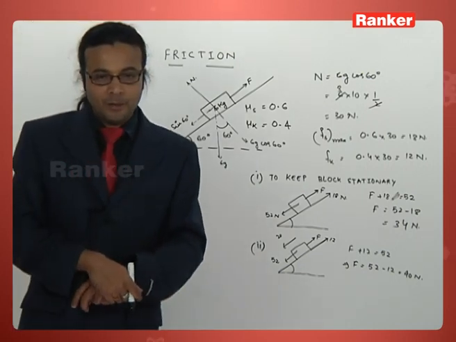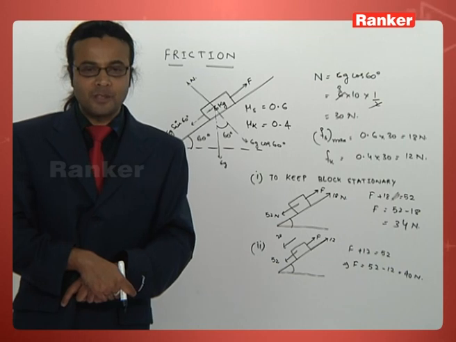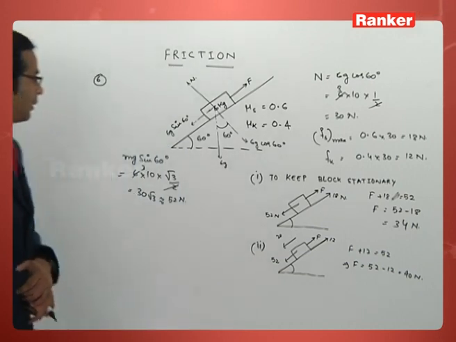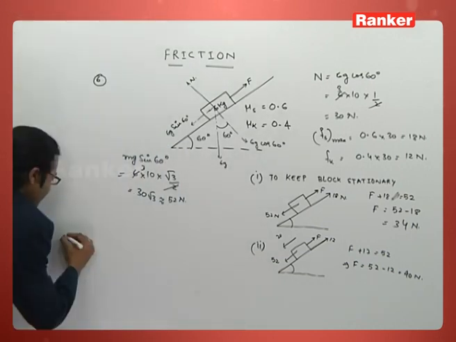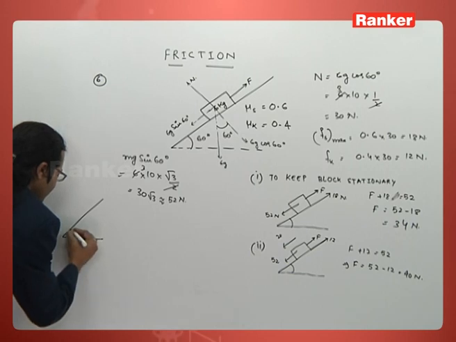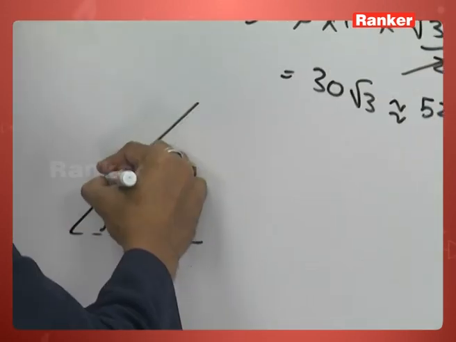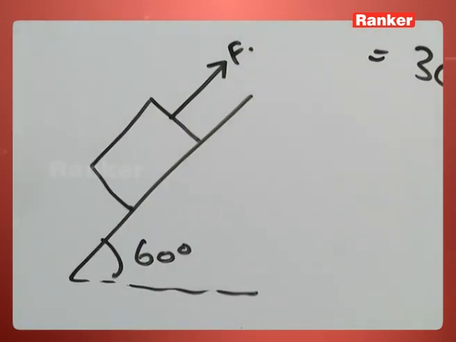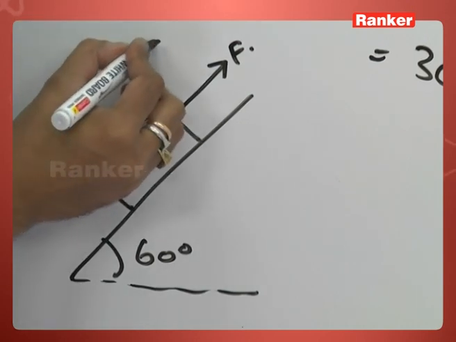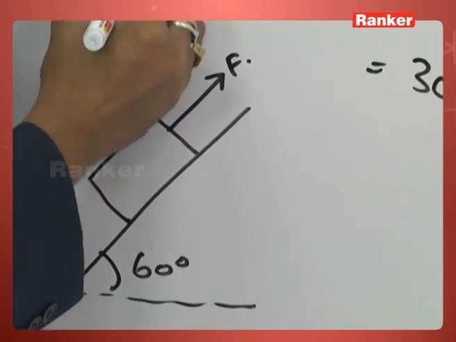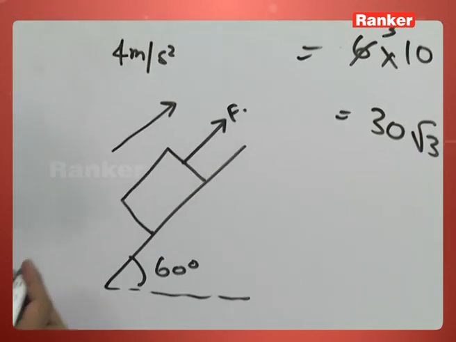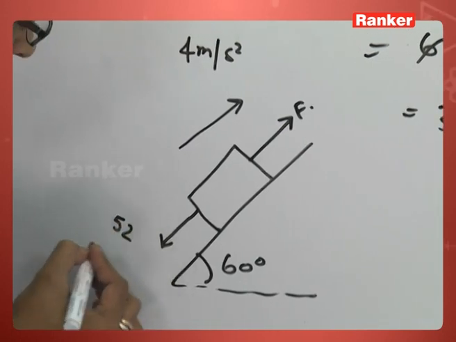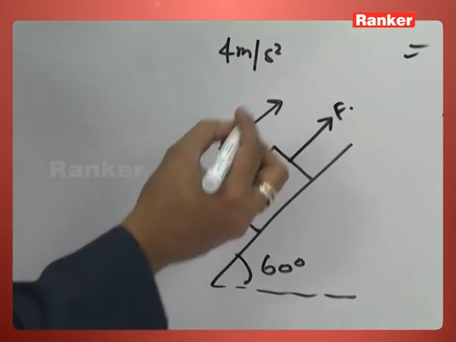And bit C, move the block upwards with an acceleration of 4 meter per second square. Now here we need to move the block with an acceleration of 4 meter per second square. The mg component is 52, and obviously it is in slipping condition.